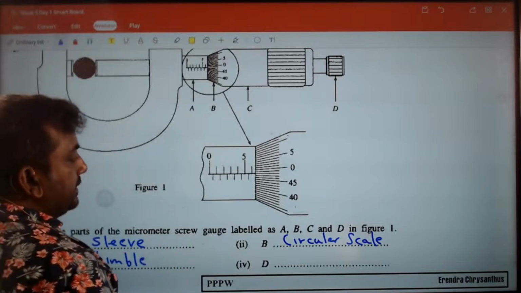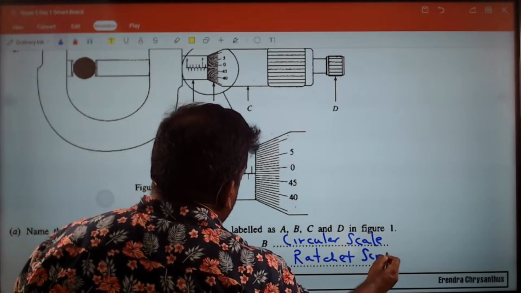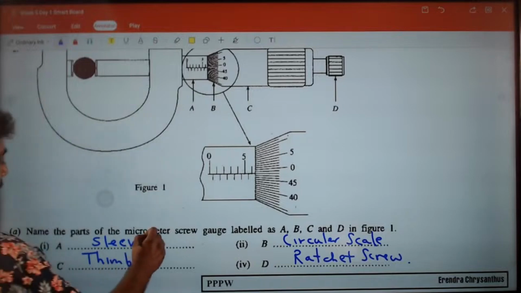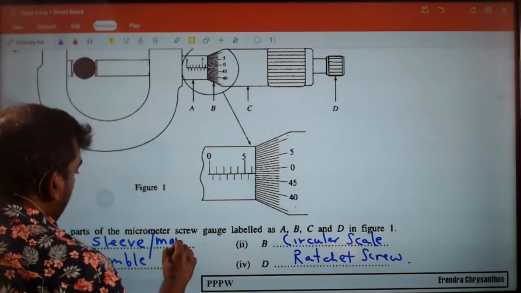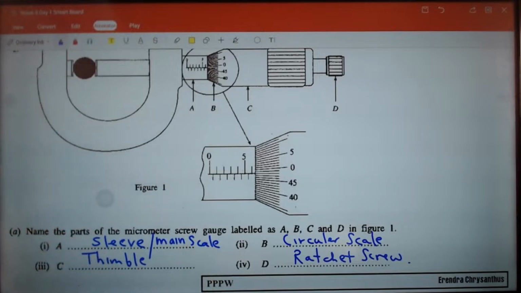D is going to be a ratchet screw, or we can say ratchet knob. Now remember, this year they also gave this for main scale. But in reality, the arrow indicates sleeve.